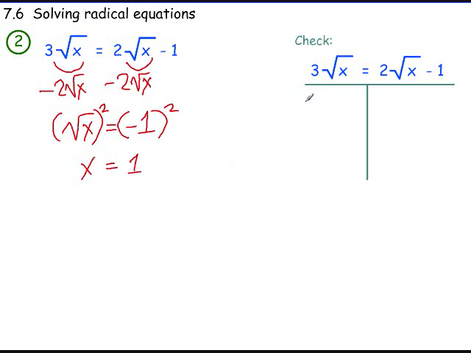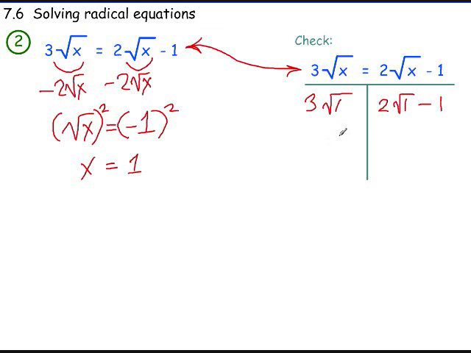Let's check it. 3, and if x is equal to 1, I'm talking about the square root of 1. And on this side of the equation, I've got 2 square root of 1 minus 1. I'm just going to pause for a moment to point out that when we're checking, we're using our original equation.